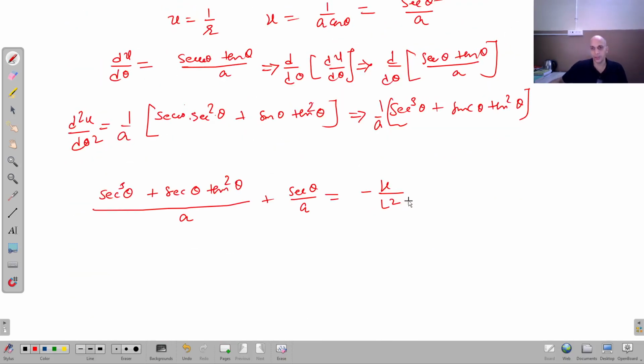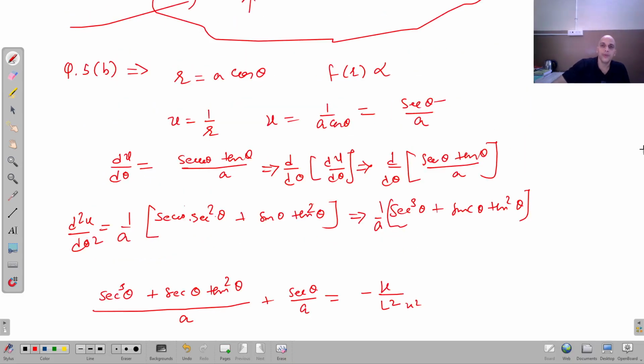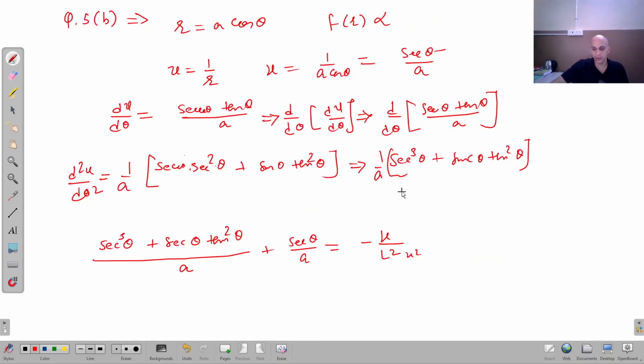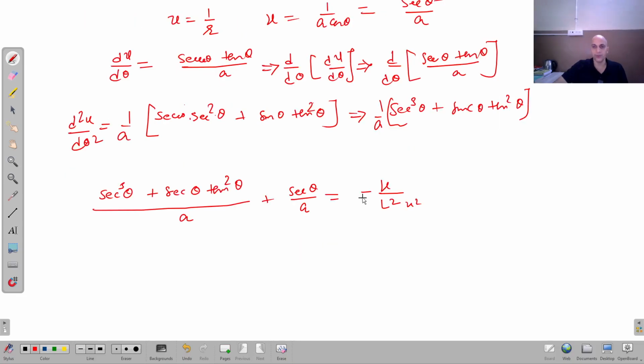So when you put the value of u square here, it becomes u square means 1 upon a square cos square theta into f of r, right?